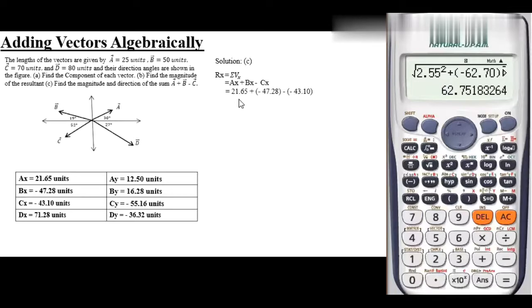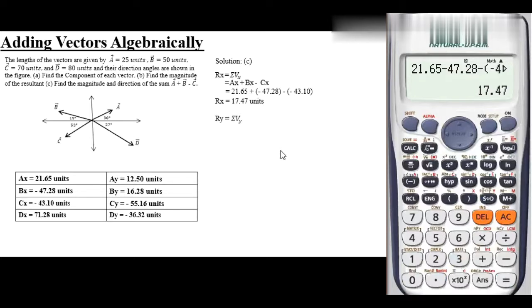Plug in the values, we have 21.65 for Ax plus negative 47.28 for Bx minus negative 43.10 for Cx. So 21.65 minus 47.28 minus negative 43.10. Rx is equal to 17.45 units.